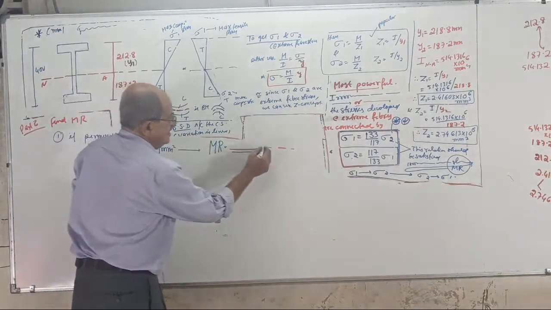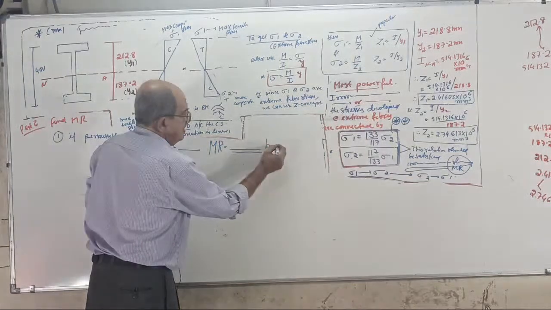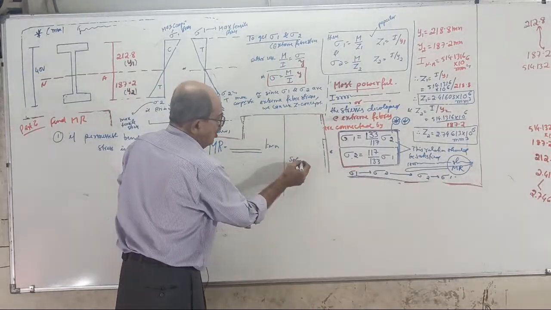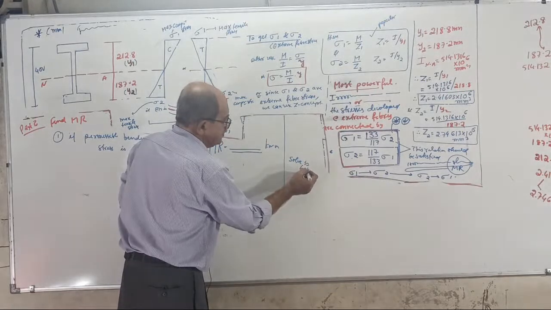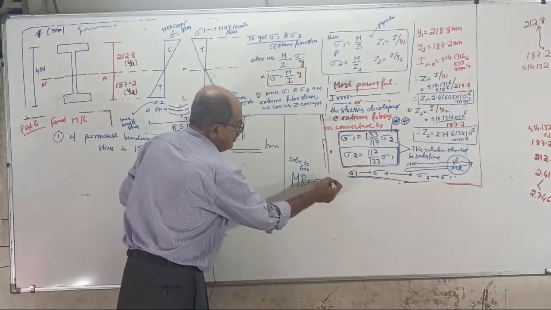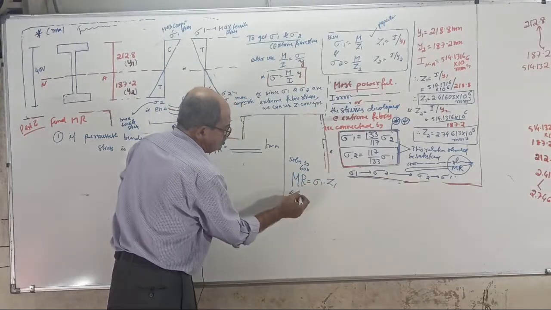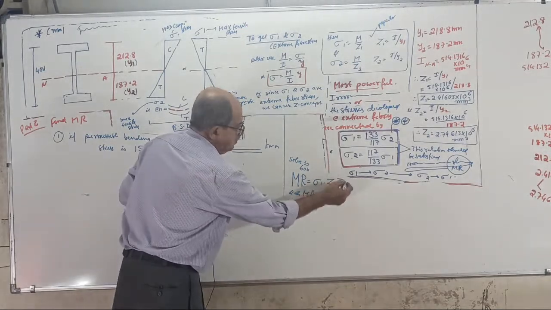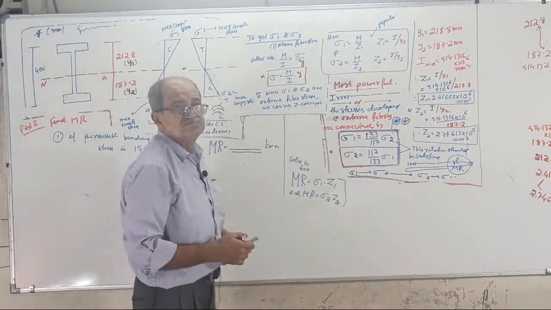Answer in kilonewton meter. You should solve by both. Both means you find MR using sigma 1 Z1 and also use MR equal to sigma 2 Z2. Both should give the same answer.